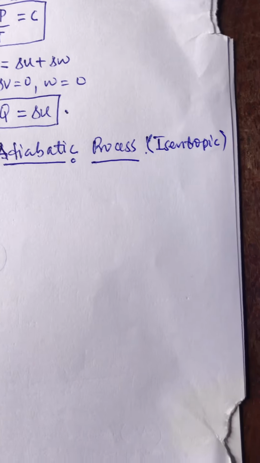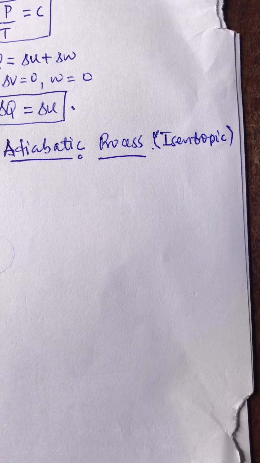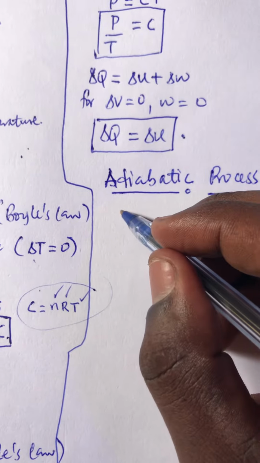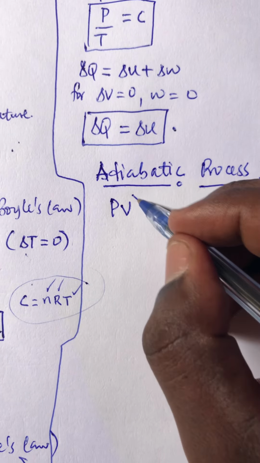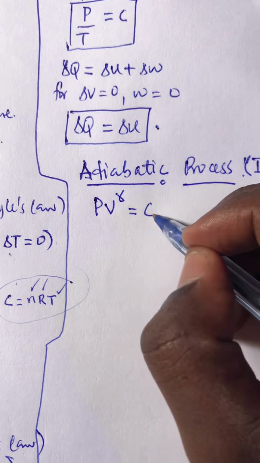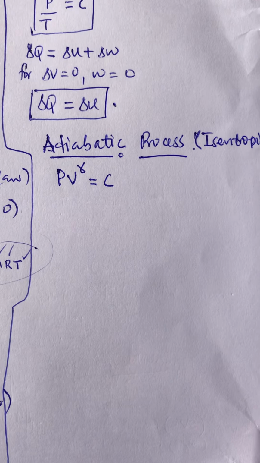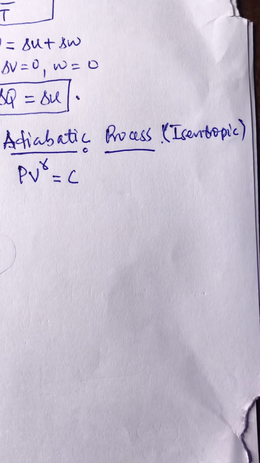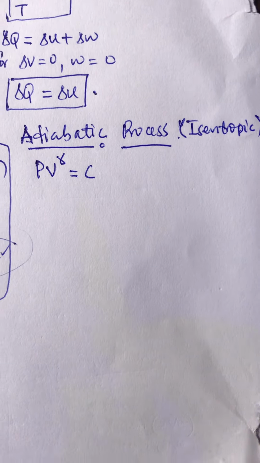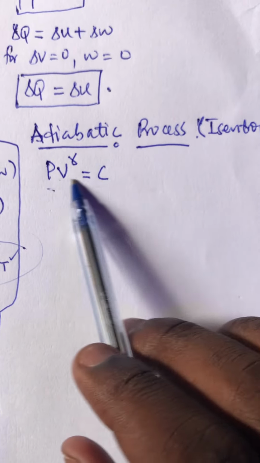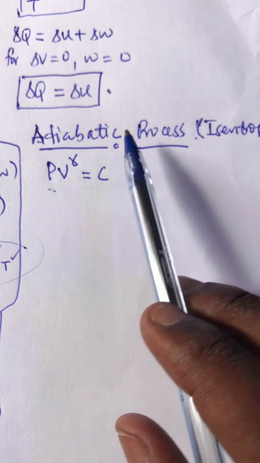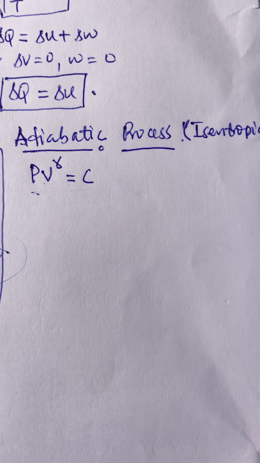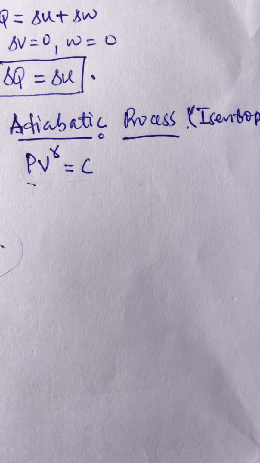A process is said to be adiabatic when it follows this law: PV gamma is equal to a constant. So whenever they talk about a process as being isentropic or adiabatic, then it must obey this relationship, which is PV gamma is equal to C. This relationship is derived, though we are not going to derive it.